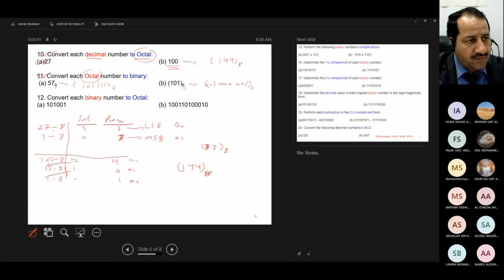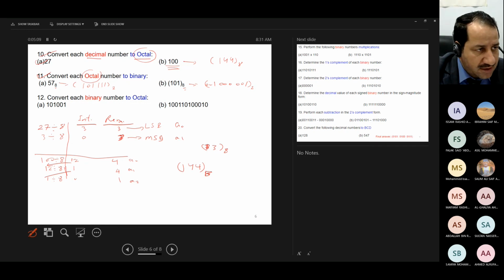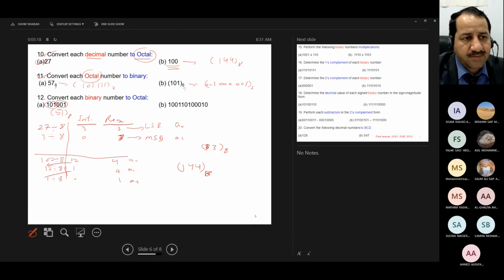Let's go for 12. Convert each binary number into octal. You know the rule now. Every 3 digits are represented by one number. So this first 3 digits are represented by 1. The next 3 digits are represented by 5. We just put them in brackets and write here the result. What about this one? This is the first 3, the second 3, the third 3, the fourth 3.